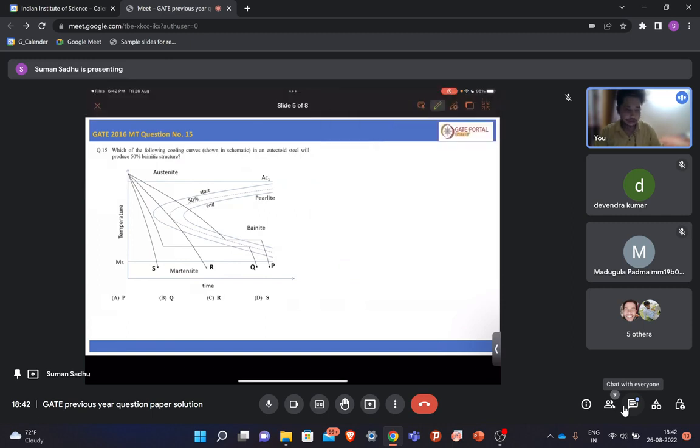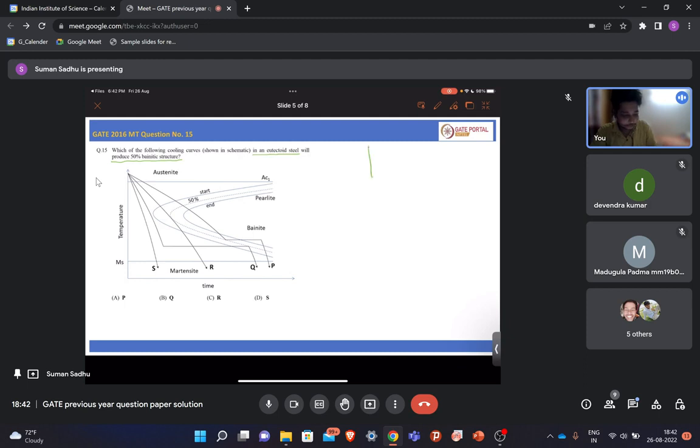Okay. Now let's move on to the next question. Here we have to see which cooling curves will produce 50% martensitic structure. It is a eutectoid steel.